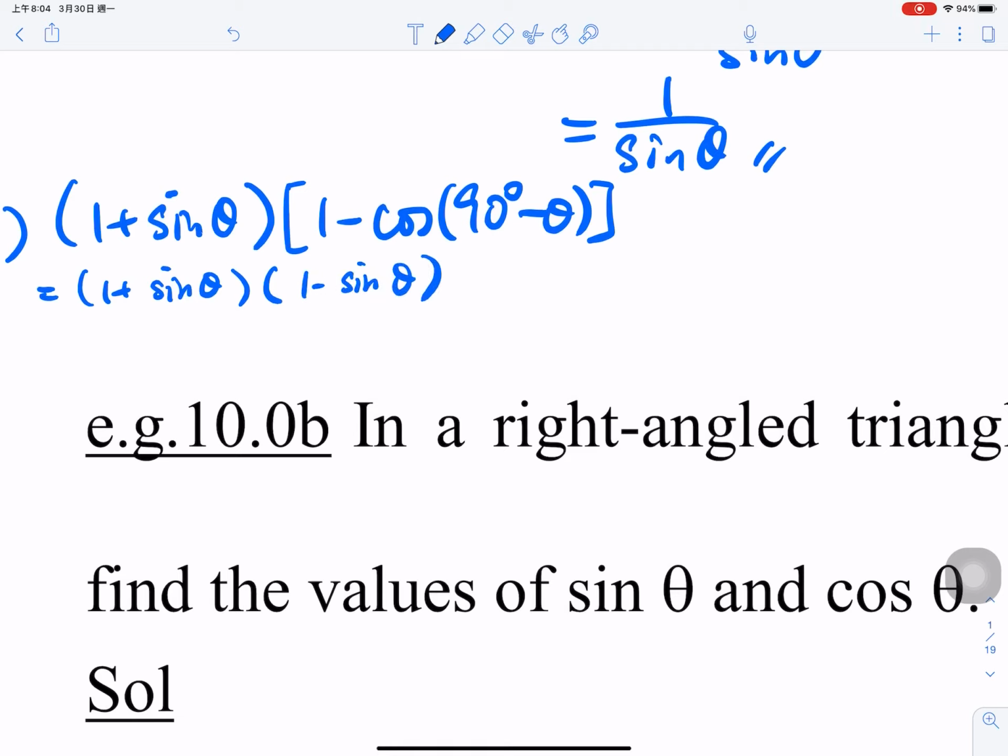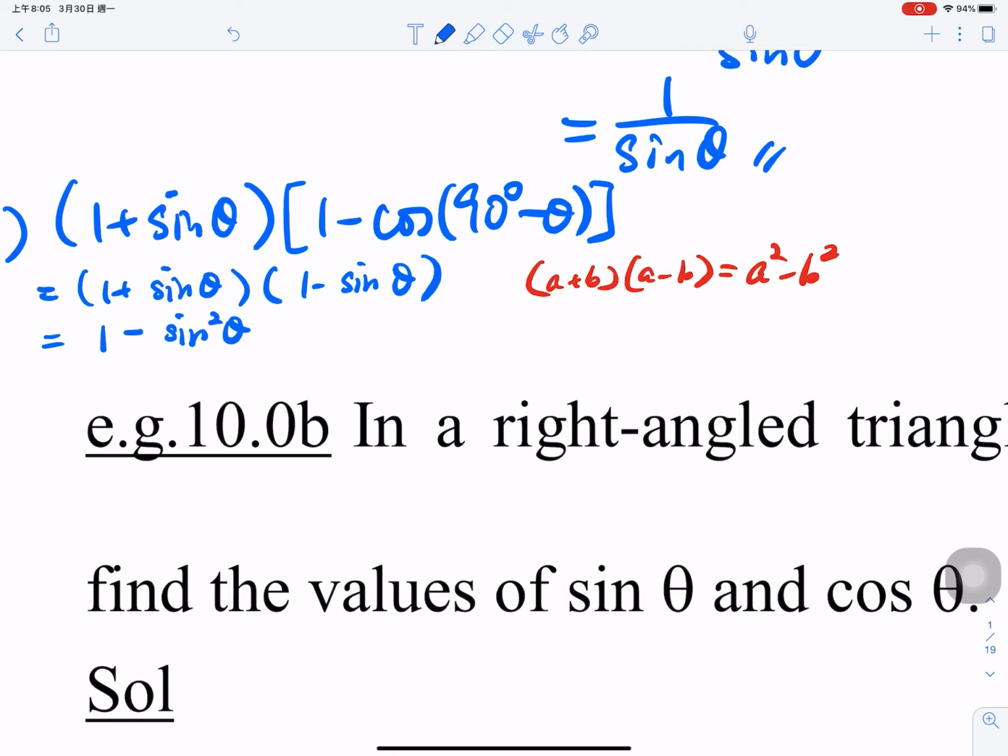Sine theta, correct. And this one is A plus B times A minus B. Remember, A plus B times A minus B equals what? A square minus B square, correct.